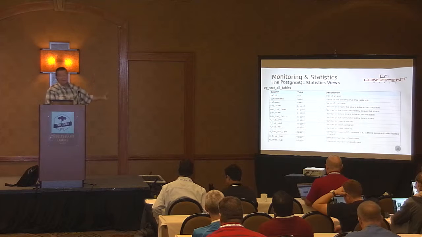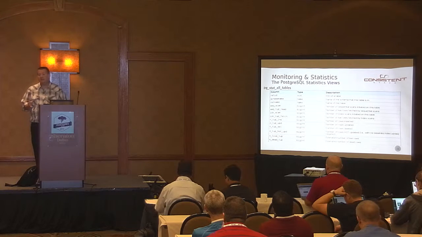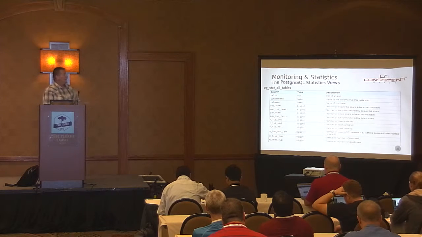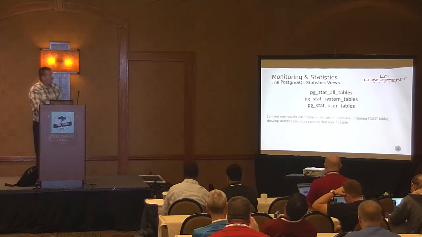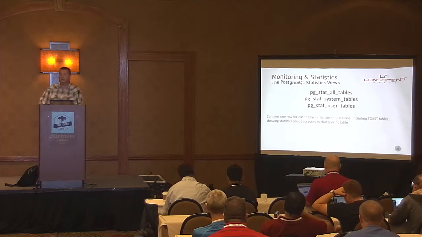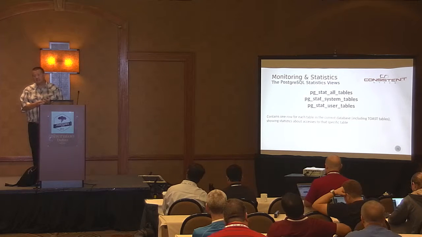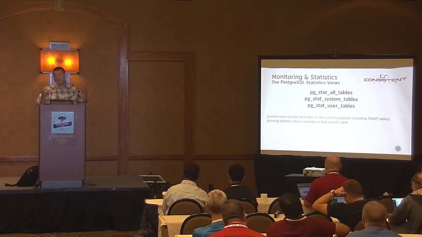I can get a pretty clear snapshot of the activity against any given table by looking at the PGStat all tables, or this table actually has a PGStat user tables and a PGStat system tables version, which show exactly that, the user tables versus the system tables or all tables.